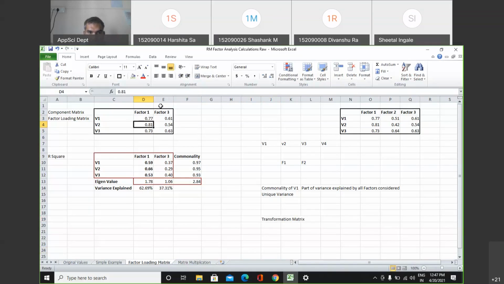There's the R square matrix. So this factor matrix, factor loading matrix or component matrix, we will be rotating with the help of a transformation matrix. How do we get that transformation matrix? We get the raw responses. So here we will get responses converted into numbers.